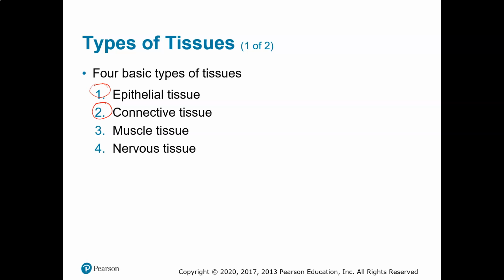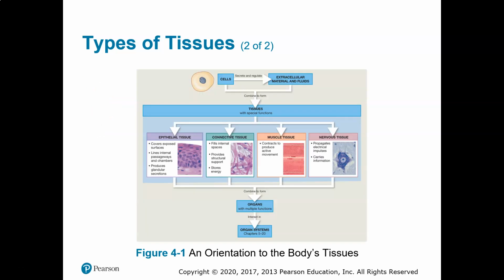And the reason we won't spend as much time on muscle and nervous tissue is simply because we have an entire chapter on skeletal muscle, and we have an entire chapter on the nervous system where we will cover those tissues. So this is a diagram that explains the categories of tissues.